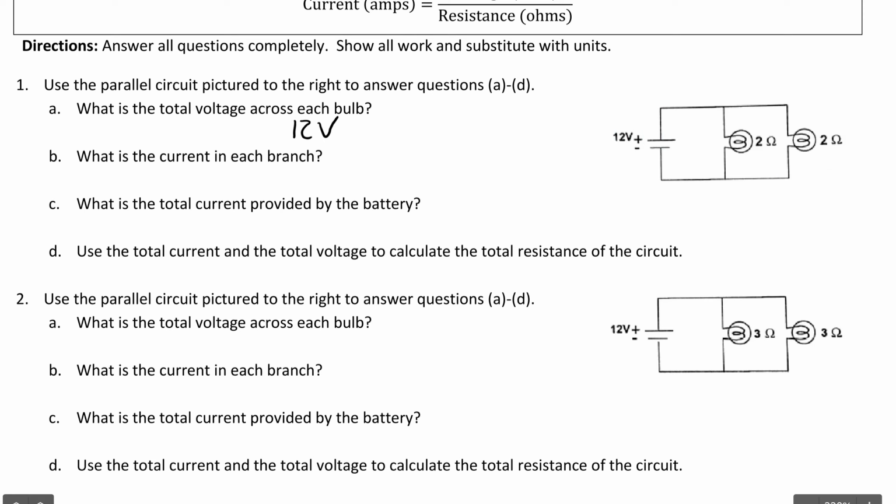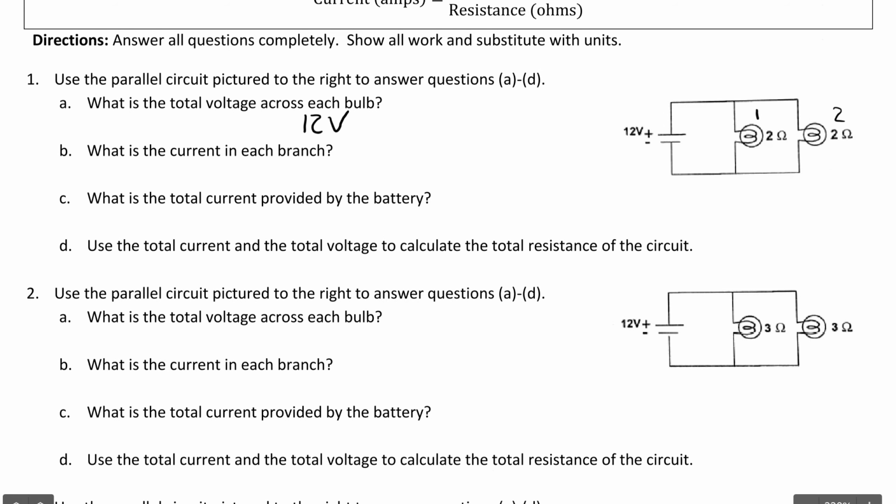Then it says, what is the current in each branch? So let's call these 1 and 2. If I know the voltage across the first one is 12 and the resistance is 2, I could do I is equal to V over R for the first one. And the voltage is the same everywhere, so I'm just going to keep it that. So the voltage is 12 volts, and the resistance is 2 ohms for the first one.